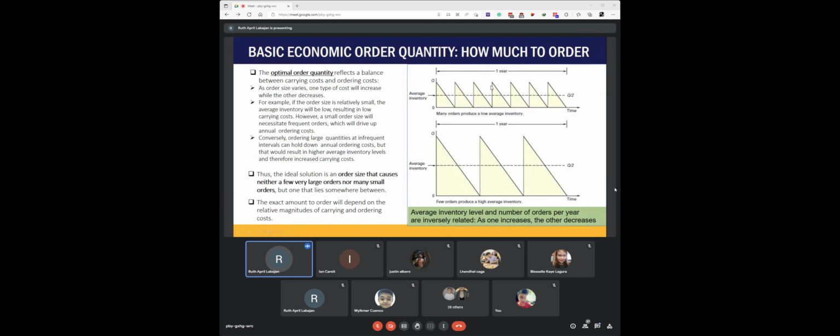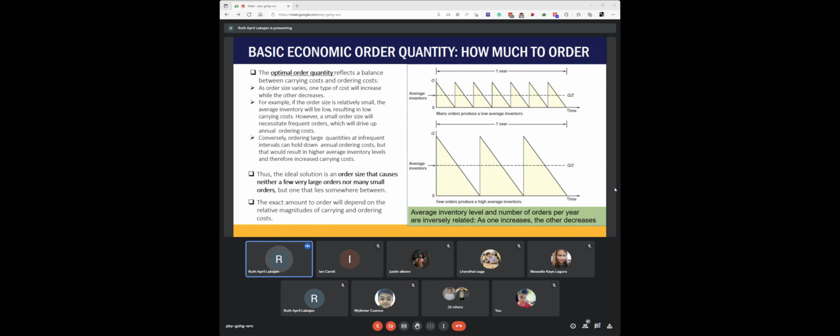In this case, what will really be affected is your ordering cost, because you order so many times in a year. Now, the problem if you order a large quantity, so you order fewer times in a year, is that your ordering cost is lower, but because you order so much, your carrying cost or holding cost will be affected.